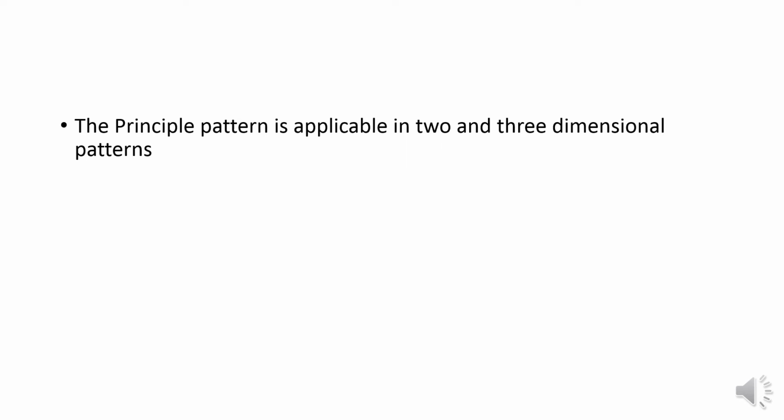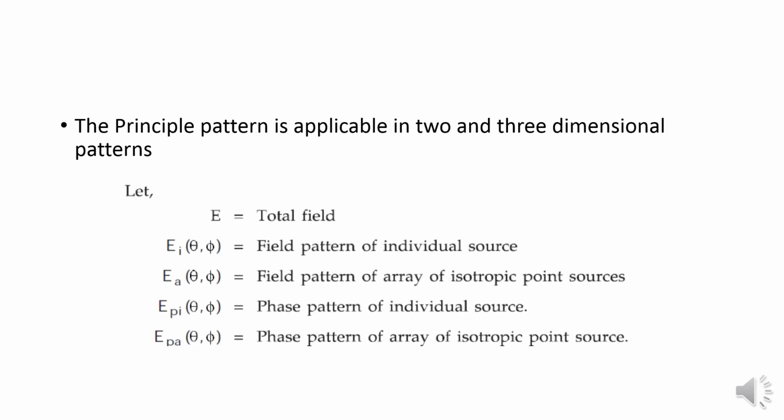So now let's see the principle behind this. This principle of pattern multiplication is applicable to 2 or 3 dimensional patterns. So we are going to express this particular radiation pattern in 3 dimensions, that is, E is equal to the total field.